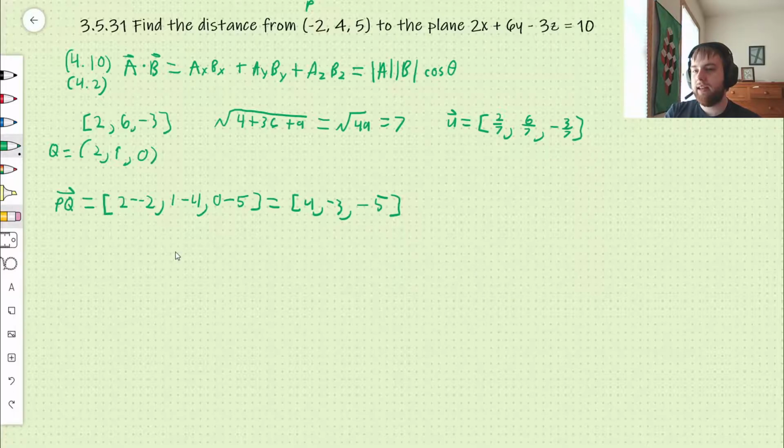So we will do that here: PQ dot u, and we'll be using the first half of our equation here. We don't use the second half in this problem, but we could.